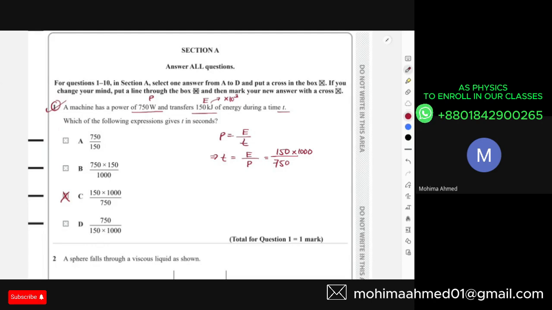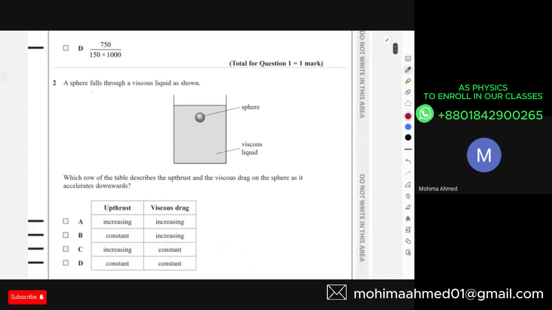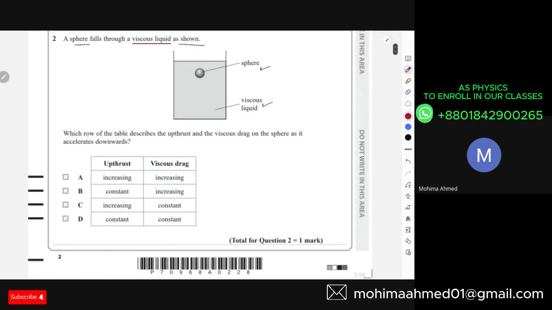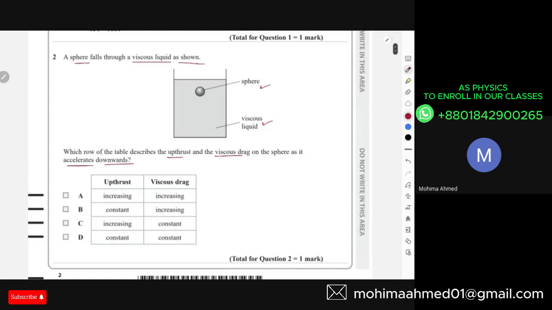Now if you quickly move on to question 2. This time it says that a sphere falls through a viscous liquid as shown. This is a viscous liquid, and the sphere is totally submerged inside the liquid. That means the volume of the displaced water equals the volume of the sphere itself, right? Which row of the table describes the upthrust and the viscous drag on the sphere as it is accelerating downward? If it's accelerating downward, the downward force is obviously greater than the upward force.